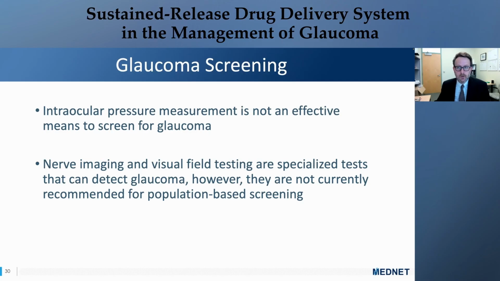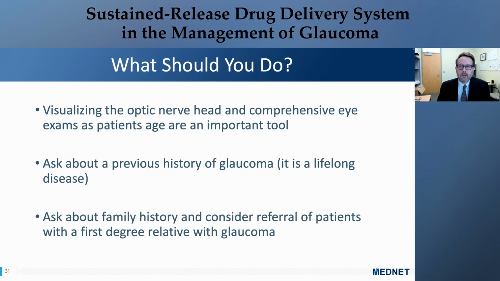So what should you do when you are seeing a patient and risk assessing them for glaucoma? I'd say do several things. Visualizing the optic nerve head and performing a comprehensive eye exam as patients age and they reach an age where glaucoma could develop is a very important step. Ask about a previous history of glaucoma.